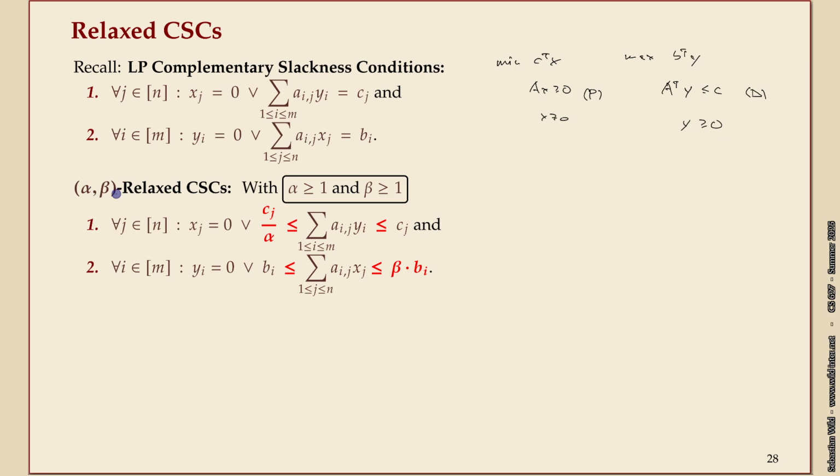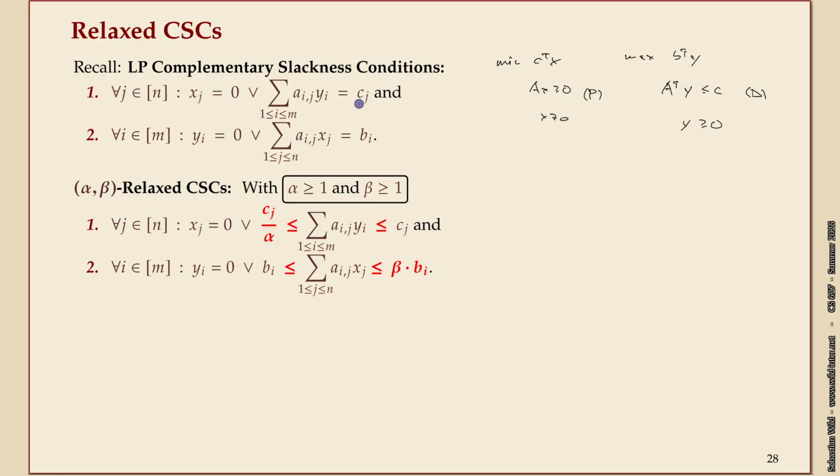There are two parameters, alpha and beta. For the two pairs of constraints, we allow a different fudge factor. For the first one, we take this constraint that used to be equal to c and say it's at most c, but at least c divided by alpha. So it still refines this constraint here, but leaves a bit of slack.